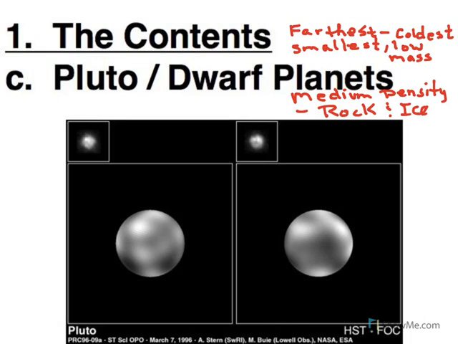So between the composition being very different from everybody else, its size very different from everybody else, and now we know its orbit is in the middle of a belt of materials, Pluto just never fit in, and so it makes sense to no longer consider it a planet, but to give it a different category of a dwarf planet.